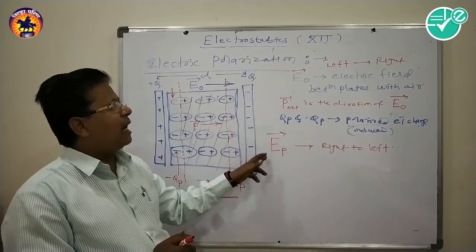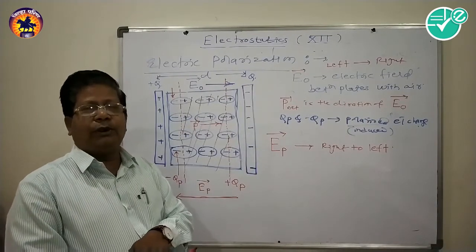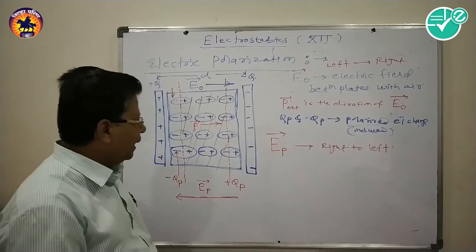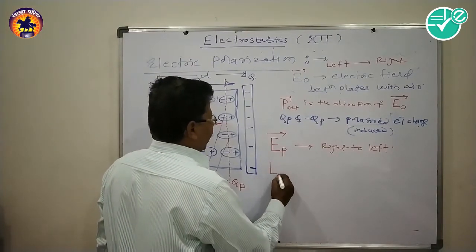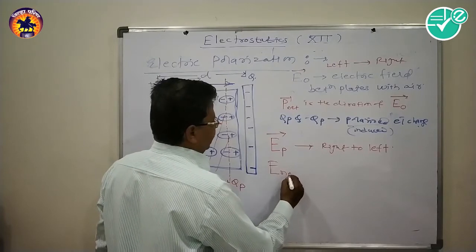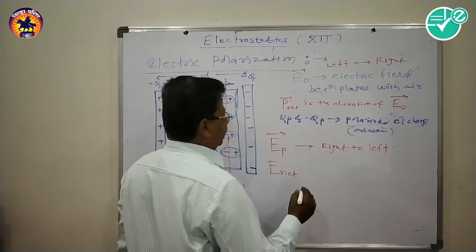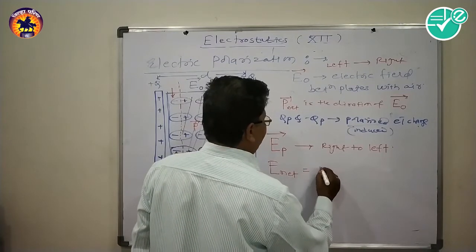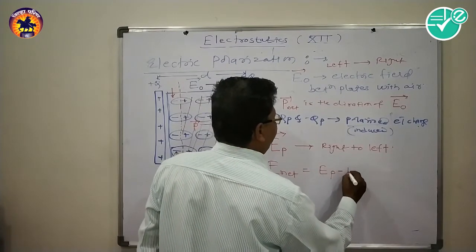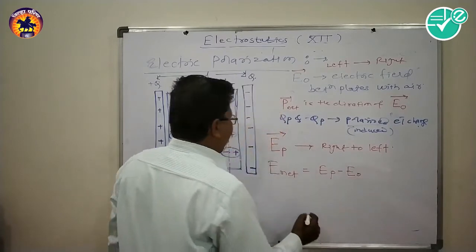These electric fields are directed opposite to each other, and hence there is a net electric field between the dielectric, given by E net is equal to EP minus E0.